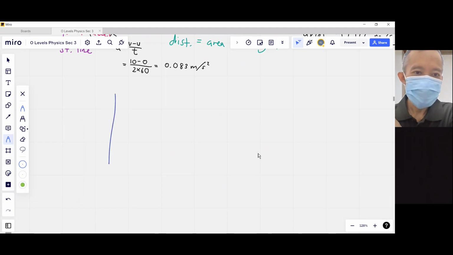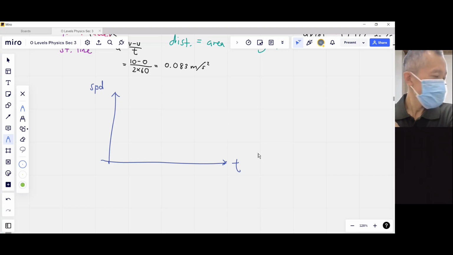Okay, same thing. I give you this graph. Speed-time graph. So you see something like this. Okay, describe the motion.